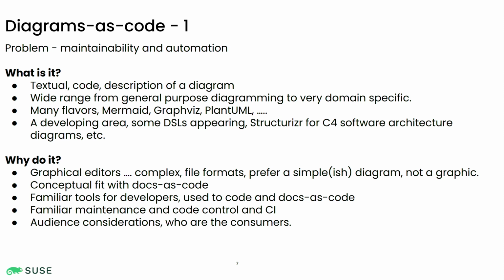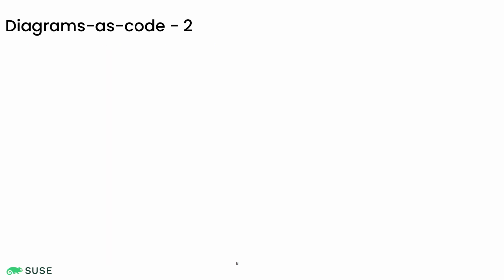A translation tool has a pretty difficult time with a PNG or an SVG file, but it can maybe work a little bit better with something that's more like a program description. And especially these days, AI is certainly going to be able to make better sense of a program than it can of a PNG or other graphical format.